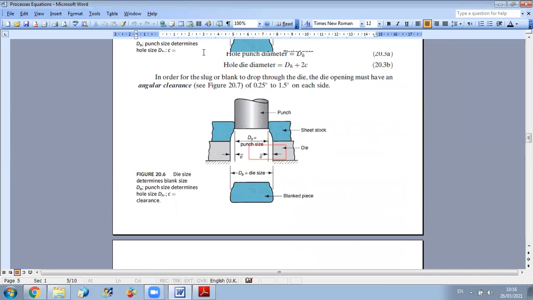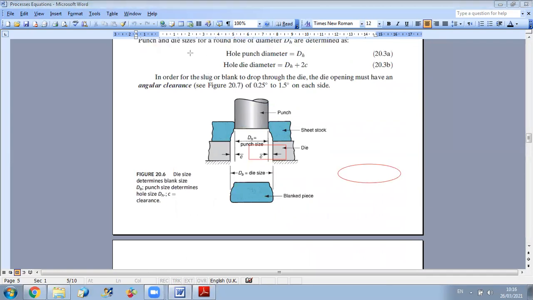So when we cut the part, the cut part lateral area will be determined by the thickness times the perimeter of the part to produce. For example, if it's a cylinder, then the shear area is the lateral area of the cylinder, equal to the thickness times the perimeter of the cut part.